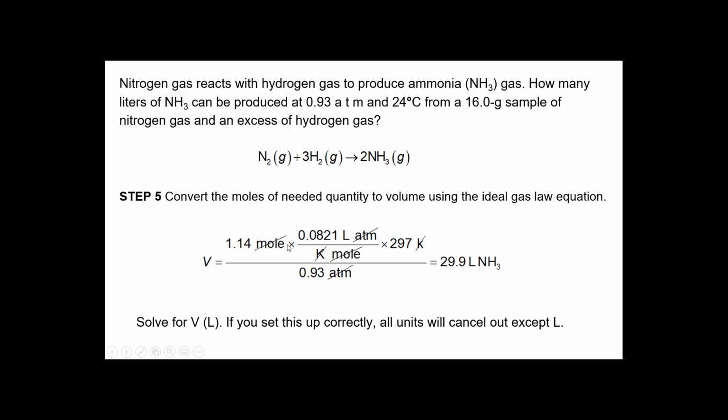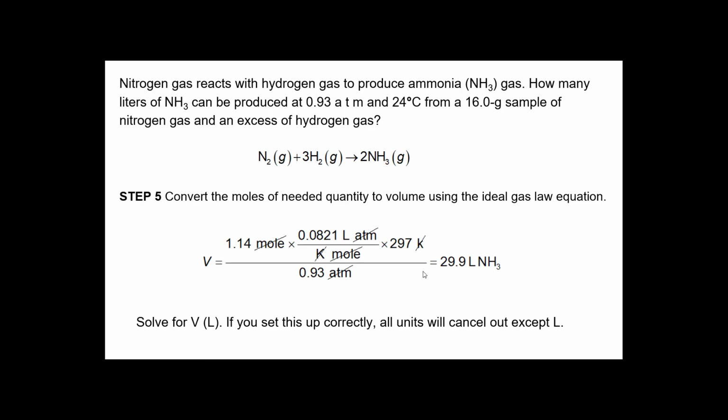Again, if we did this right, everything should cancel out except for the volume. So we have moles that cancel, we have our temperature that cancels, and we have our pressure, which leaves liters. So our answer in this problem is 29.9 liters of ammonia. Everything cancels out. That's a good indication that we have at least set this up right.